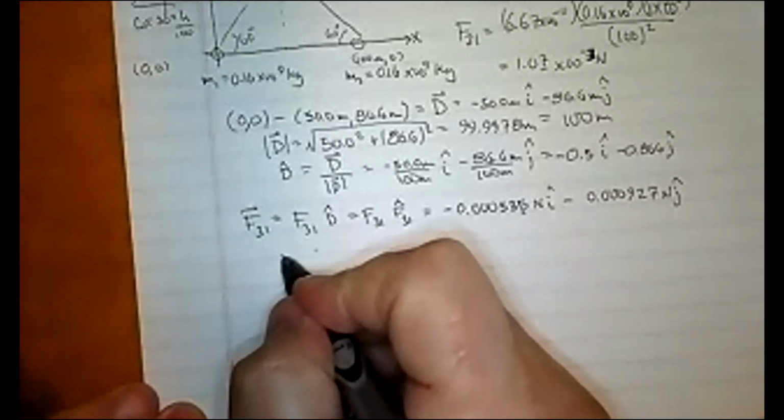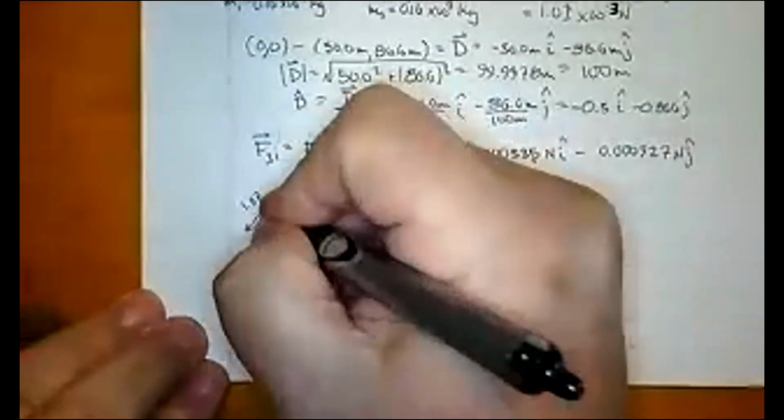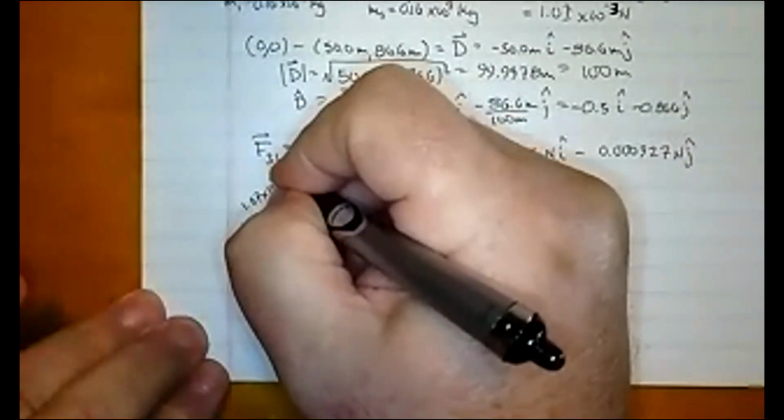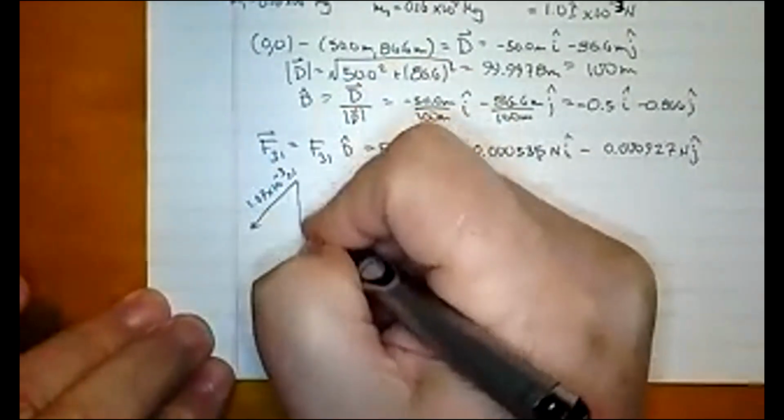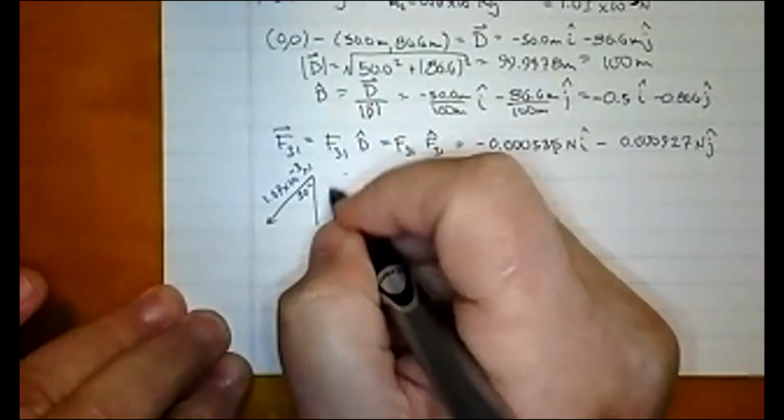Another way is to just say, hey, wait a second. I know that that is 1.07 times 10 to the negative 3 newtons. I know that this is 30 degrees, and I know that this is the y component.